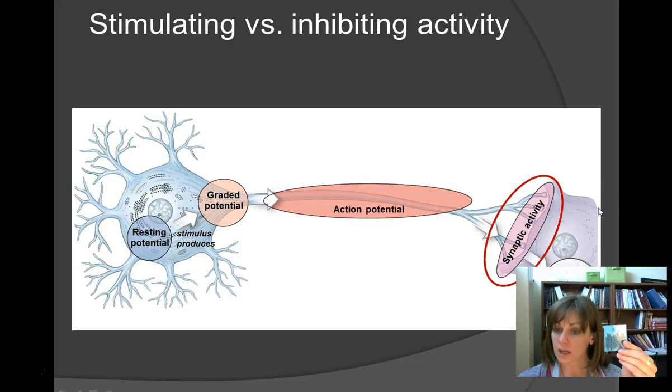We can have other channels that, instead of bringing in sodium ions, which gets you closer to threshold, we could bring in chloride ions, a negative ion that would bring that postsynaptic cell further away from threshold, so it's less likely to fire an action potential.